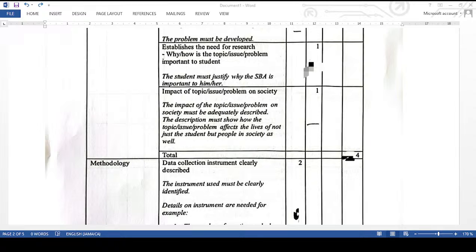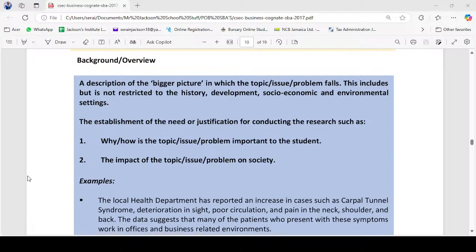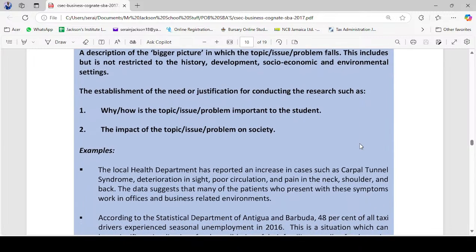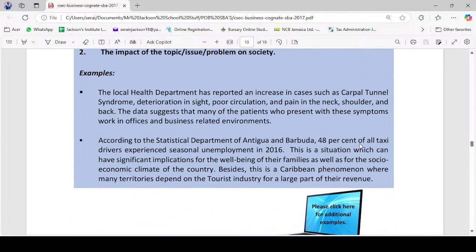So let's look at an example. All right, so let's look at this example. So the local health department has reported an increase in cases such as carpal tunnel syndrome, deterioration in sight, poor circulation, and pain in the neck, shoulder, and back.